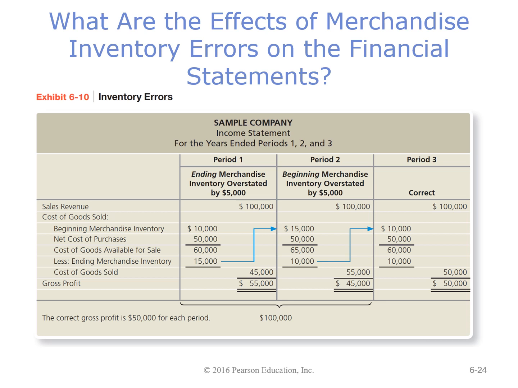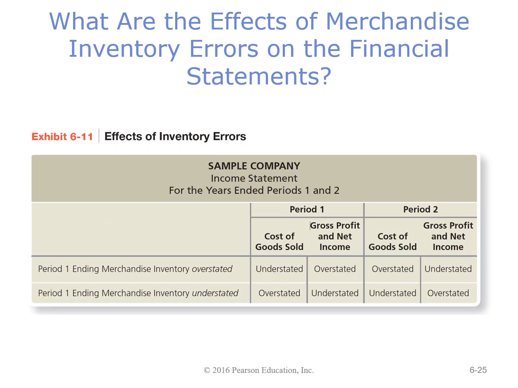And this is apparent, as you can see, from the 50,000, which is the gross profit that is supposed to be in every period, but actually appeared in period number 3.